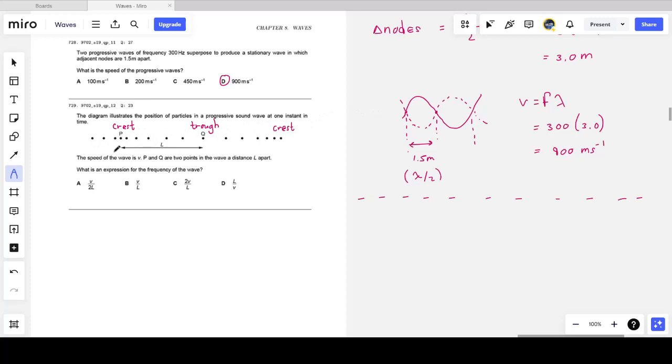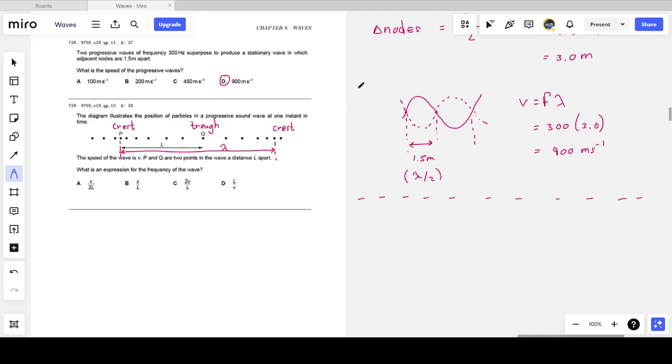So if I were to draw an arrow from the equivalent of point P on the other side, what I would have is crest to subsequent crest is a distance, which is the wavelength.